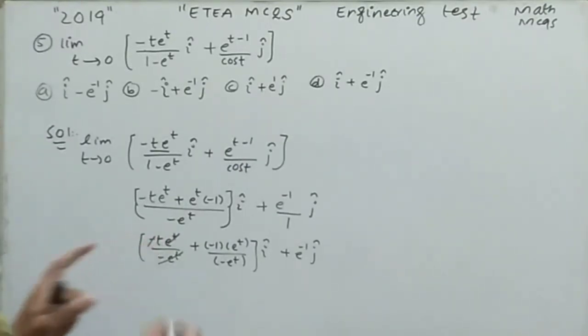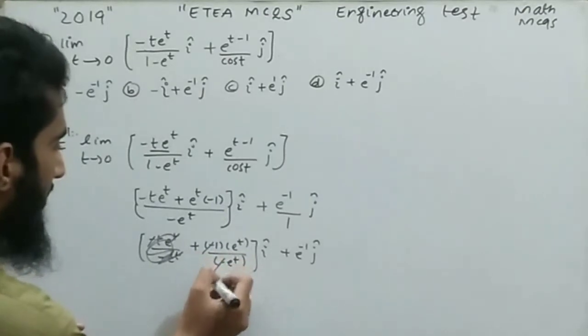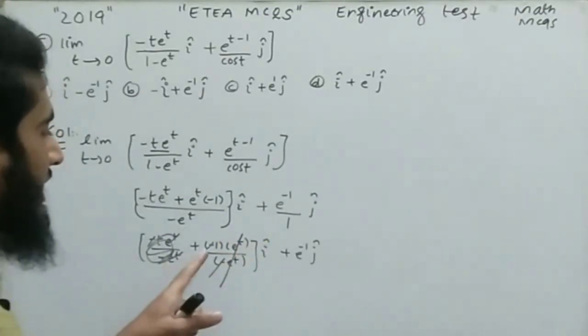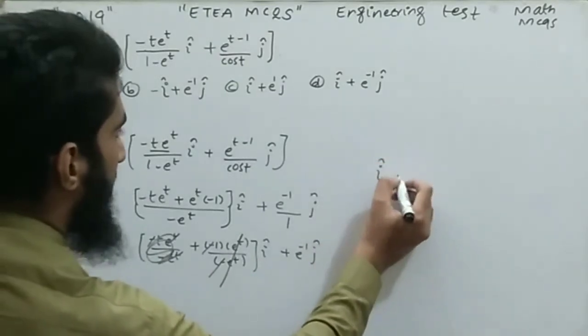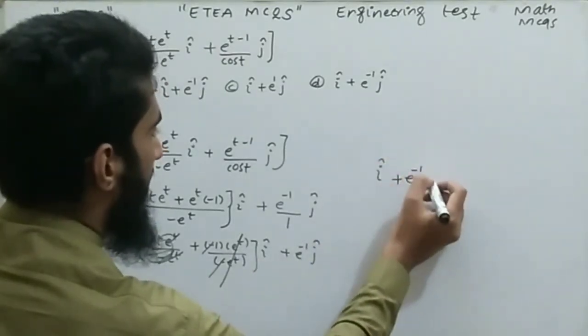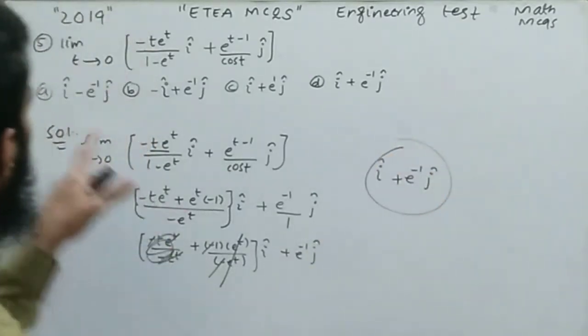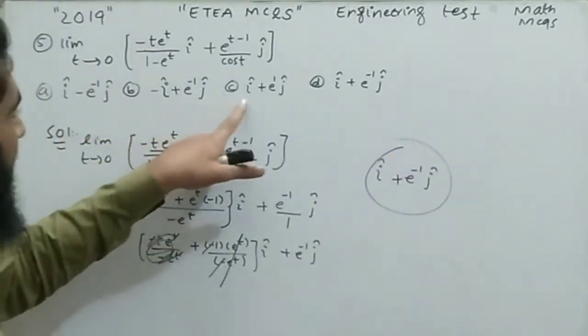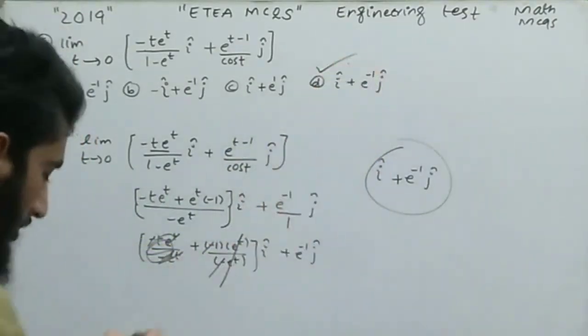So t is 0, so this term gives us 0. Now over here, minus is cancelled out with minus, e power t cancels out with e power t, I am just left with 1. So 1 into i will give us i, plus e power negative 1 into j. So this is actually the required and desired answer: i plus e power negative 1 j. So the correct option for this MCQ is option number D.